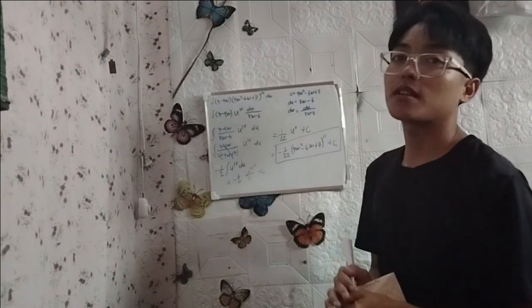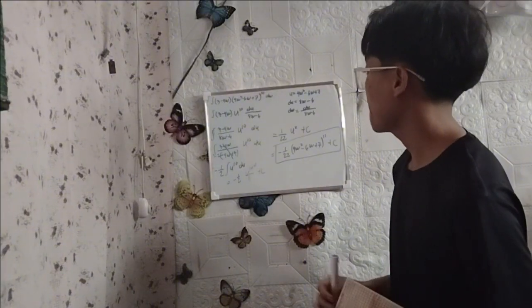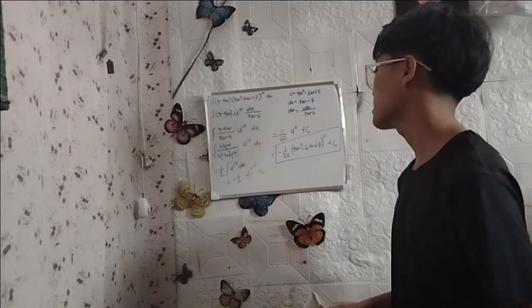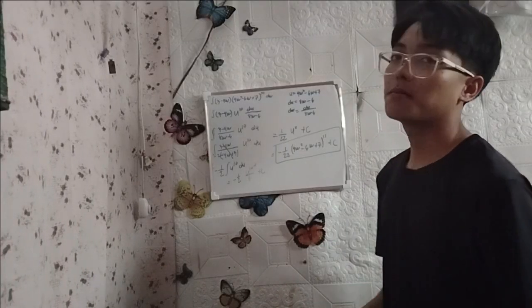The negative 1 over 22 times 4w squared minus 6w plus 7 raised to 11 plus c.